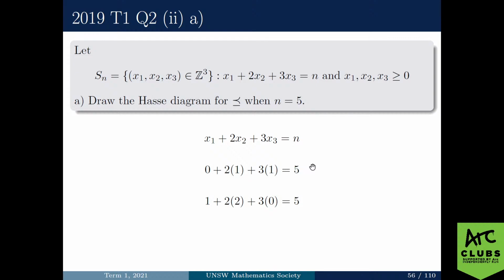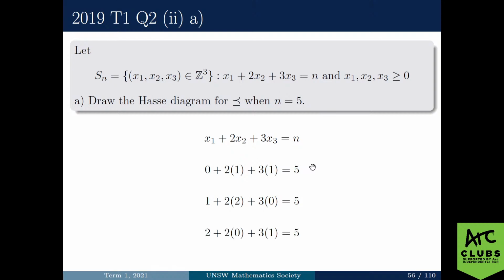Let's pretend there are solutions: if x2 is 0 but x1 is 1, then we'd have 1 plus 0 plus, we need 4, right, to complete the 5. And we can't get a 4 from 3 times a number. So all we're dealing with here is whether we can get multiples of different numbers to add to each other to get 5.